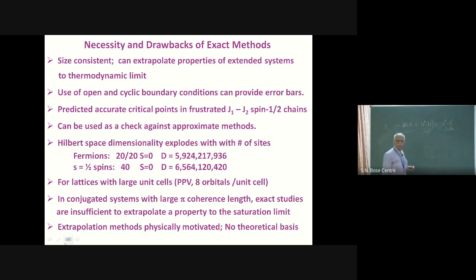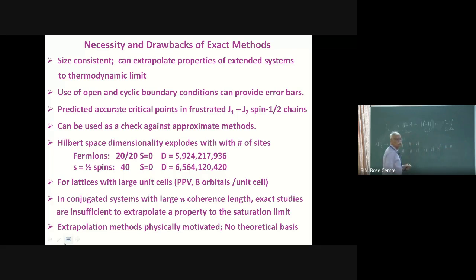If I do the calculation at the same level for 2 hydrogen molecules, I will have HH with no excitation, and then I can have H star H, HH star, and so forth.